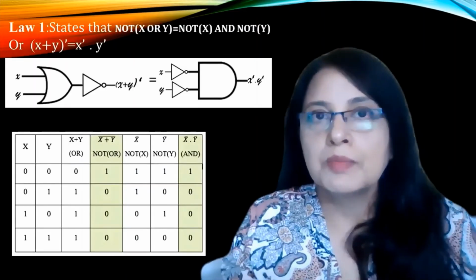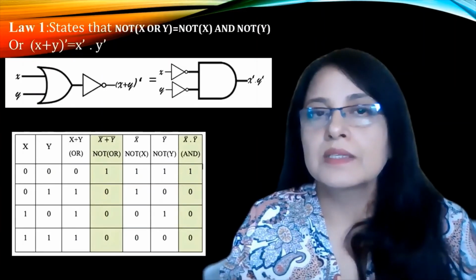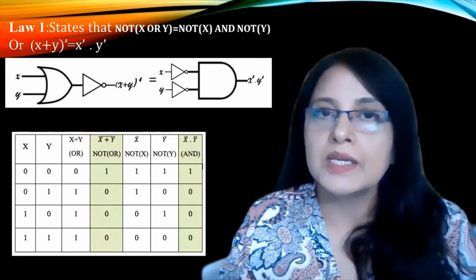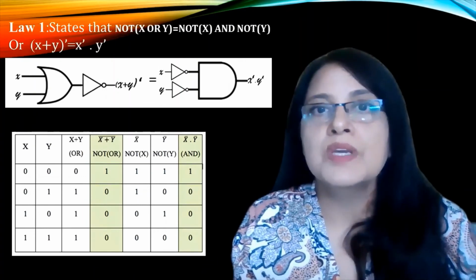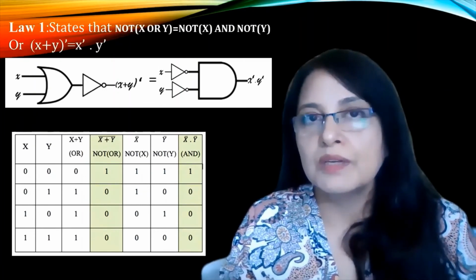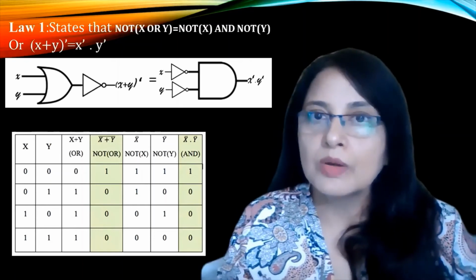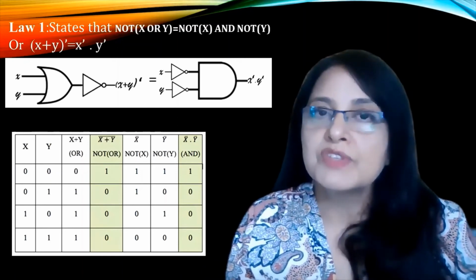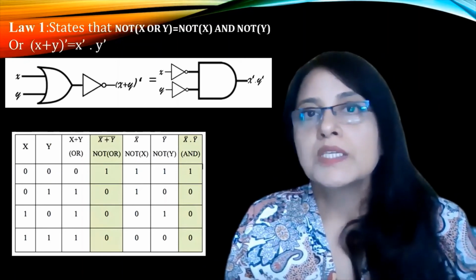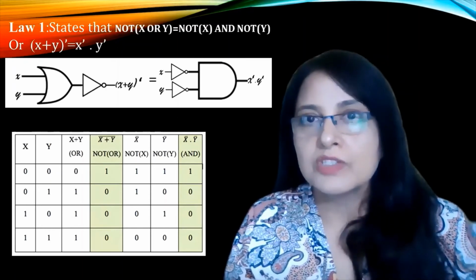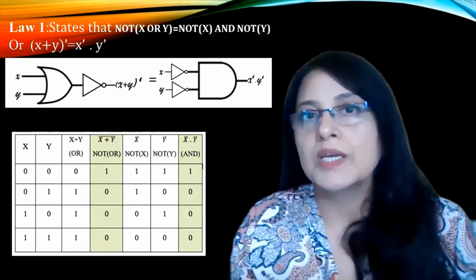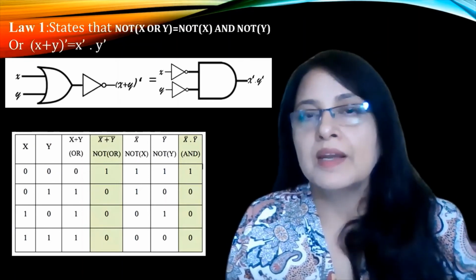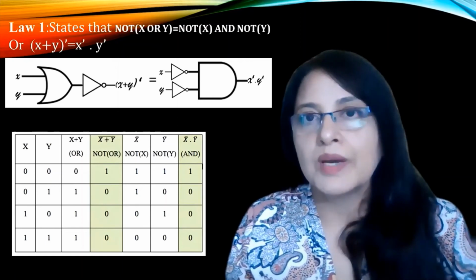If we prove the first law, we look at the circuit where we take first of all x and y in an OR circuit, and then we put a NOT switch in front of that just to find the complement of x + y. Then we have to prove that this is equal to taking x through a NOT switch and y through a NOT switch, and then both these inputs to an AND operator will end up as x'.y'.